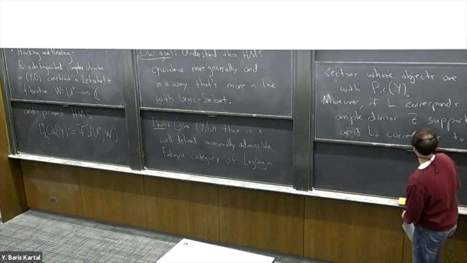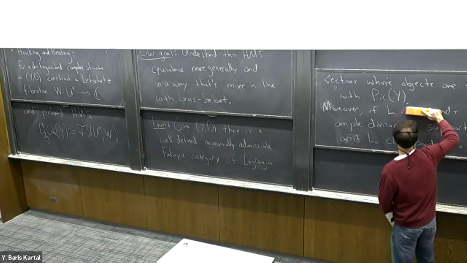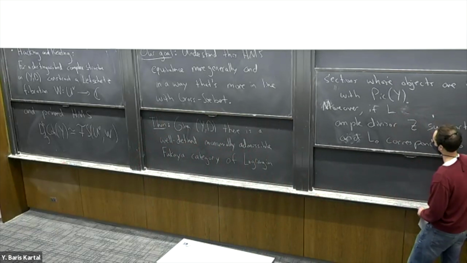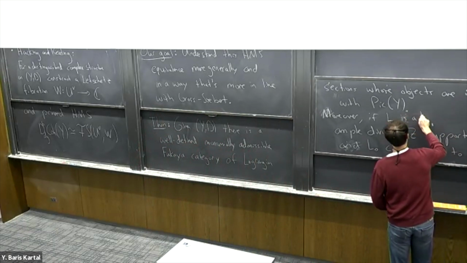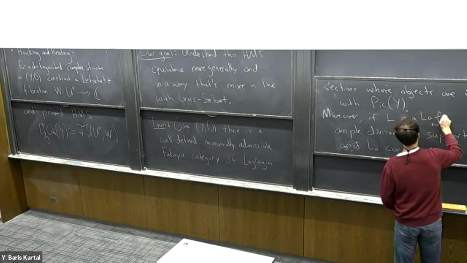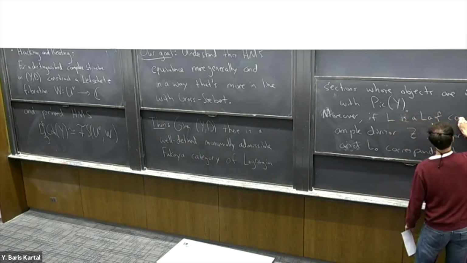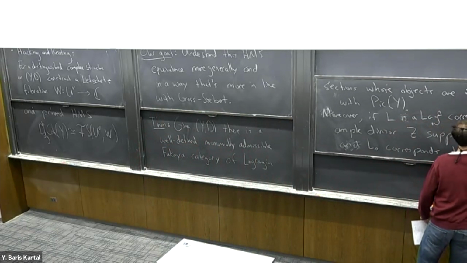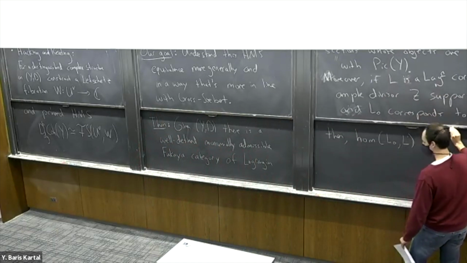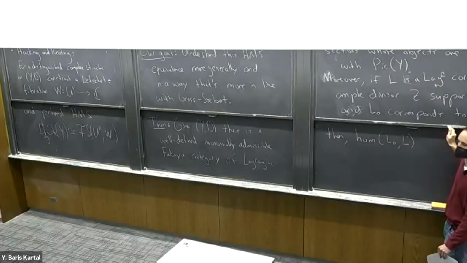Yeah, L is a Lagrangian, sorry. It's an object of the Fukaya category. I should have maybe been a little bit clearer. Does that make more sense?